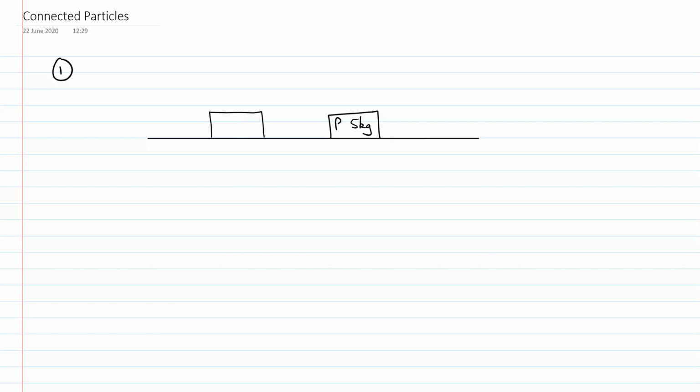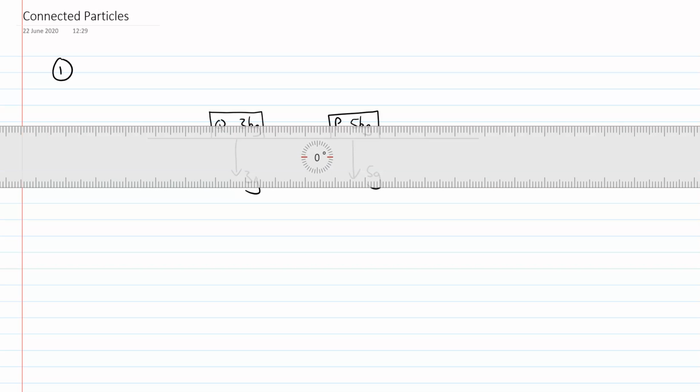So P is 5 kilograms and Q is 3 kilograms. So that means they're going to have respective forces of 5G and 3G acting vertically down. And they're connected by a light inextensible string. So between these two things, there is a string.